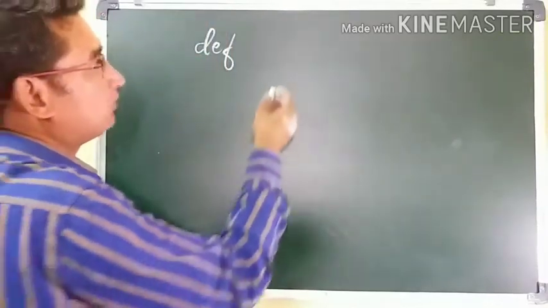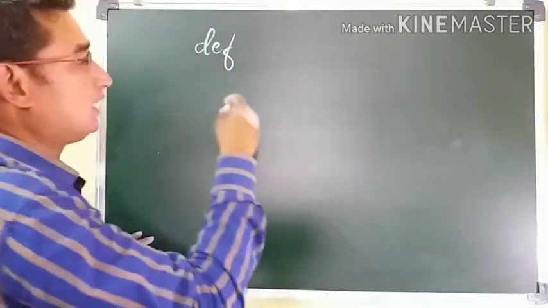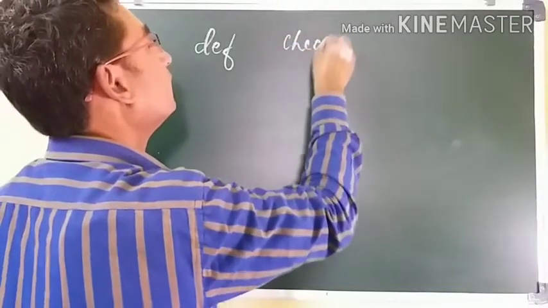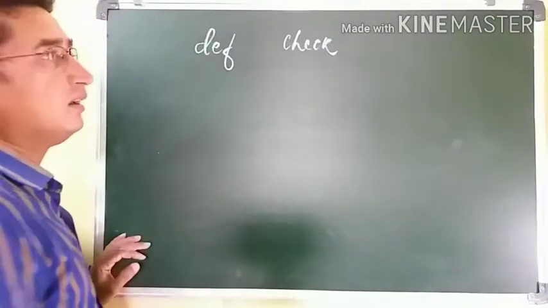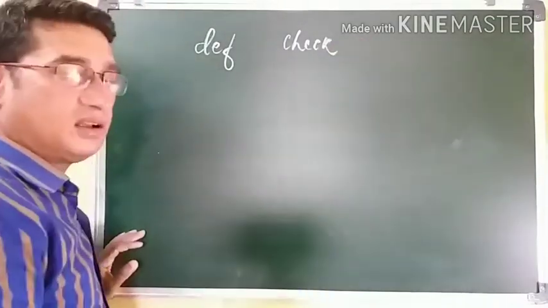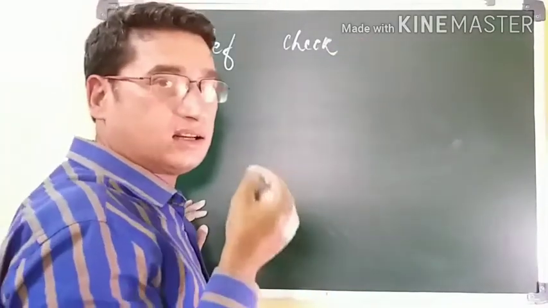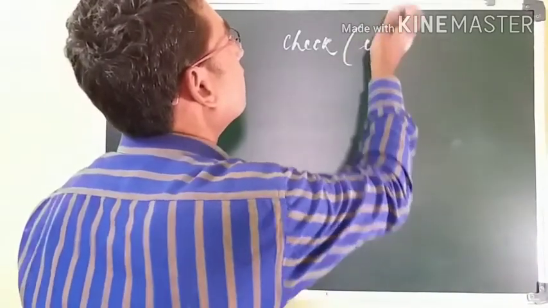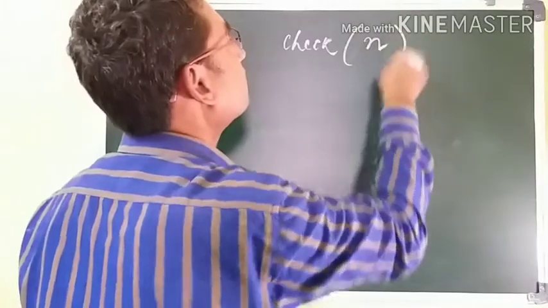Then after that, the name of the function. Suppose the function name is check. We are writing a function to check whether a number is prime or not, and the number here is n.